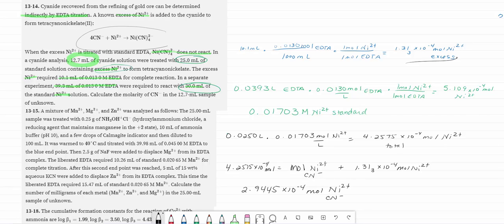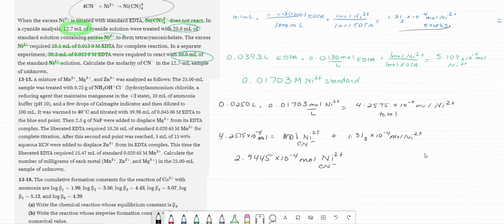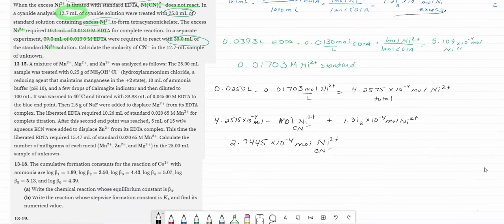So now we need to look at our stoichiometry, because the question asked us for the molarity of the cyanide. So for every 1 mole or 4 moles of nickel react with 1 mole. Oh, I have that backwards. 1 mole of nickel reacts with 4 moles of cyanide.